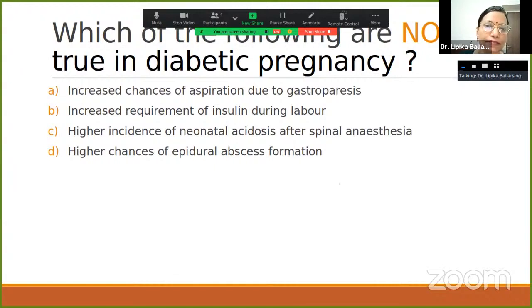Increased chances of aspiration due to gastroparesis, increased requirement of insulin during labor, higher incidence of neonatal acidosis after spinal anesthesia, higher chances of epidural abscess formation. So A is true, B is false, C is true, and D is true.